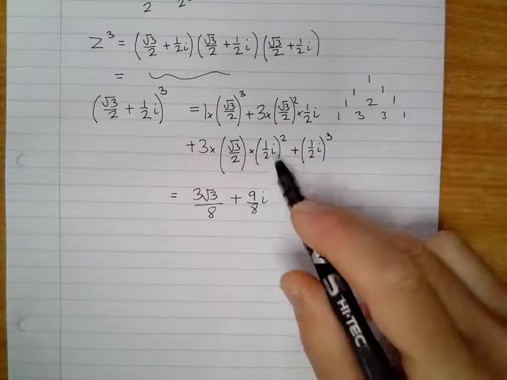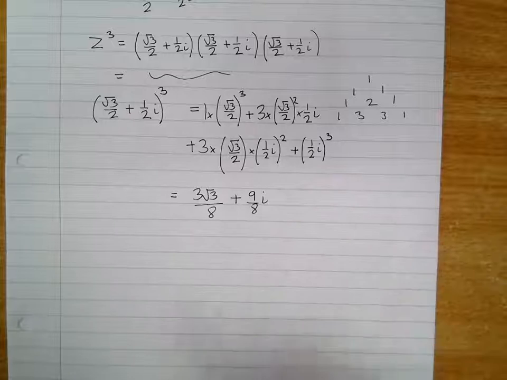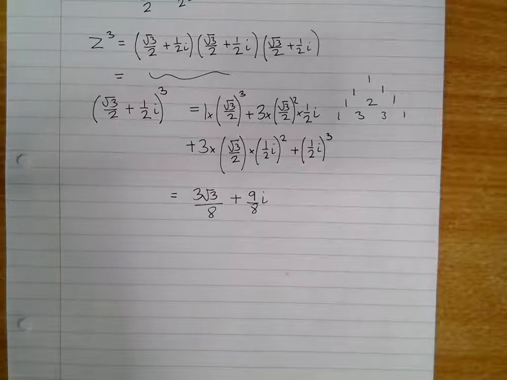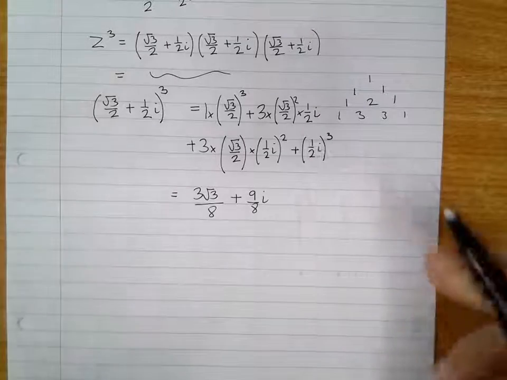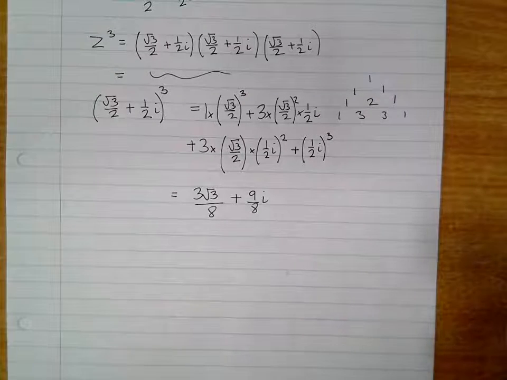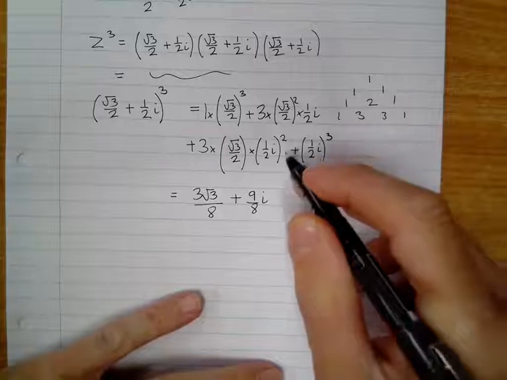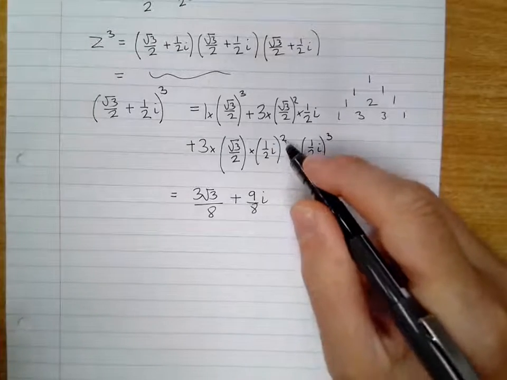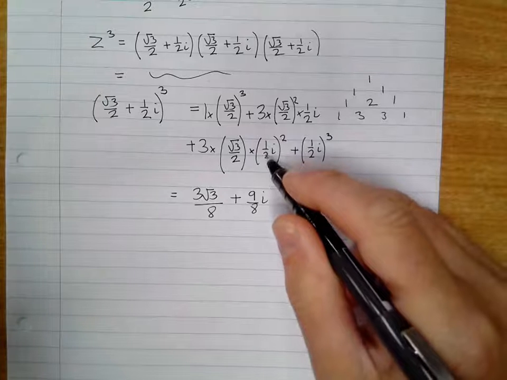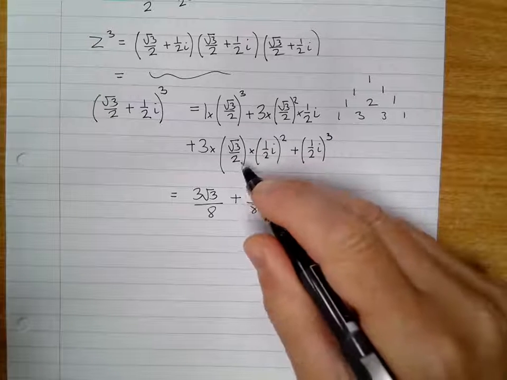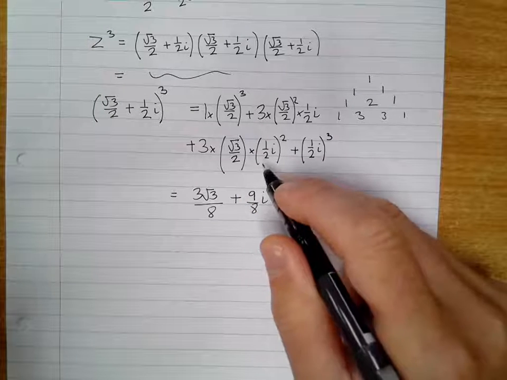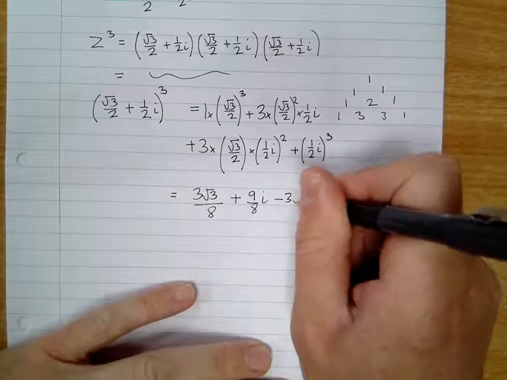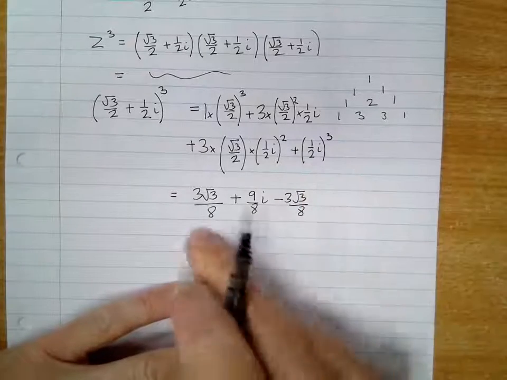And then the next one, a half i squared is going to be minus, a quarter, so that's an eighth. So it's going to be minus 3 root 3 over 8. Aha, they cancel out, look.